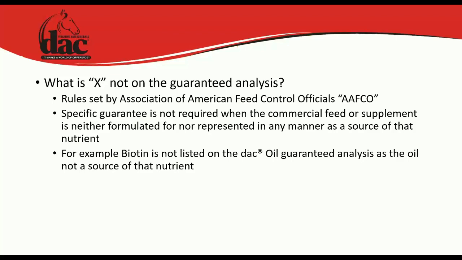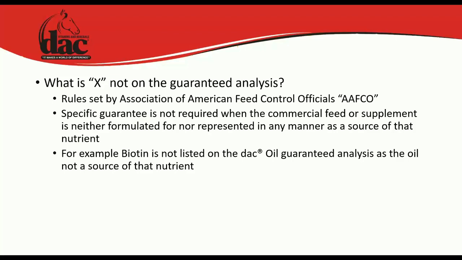Let's just say the DAC Oil, for example. On DAC Oil, we have to list, I'm getting out my catalog so that I can get this right. Here we go.